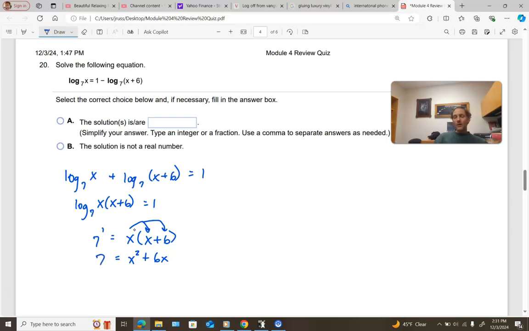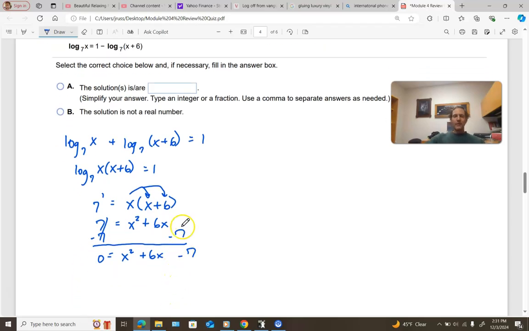And this is a quadratic equation, guys. So I'm going to subtract 7 from both sides to get a 0 on the left. I'll be left with x squared plus 6x minus 7. Now I can solve this either by factoring or using the quadratic formula. I'm going to factor it.